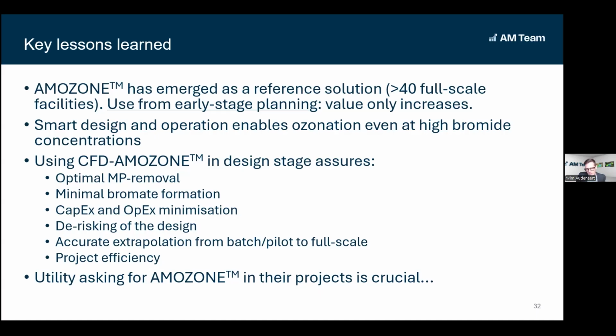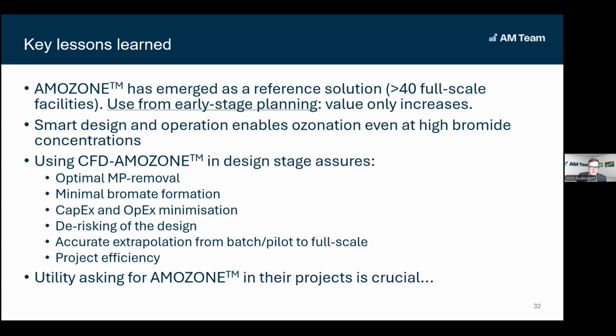And today we can say, I think, that the AMOZONE solution has emerged as quite a reference solution. We work with a lot of big companies in the market, with a huge amount of utilities as well. And we helped design and decide on more than 40 full-scale facilities, not only in Europe, but even across Europe.